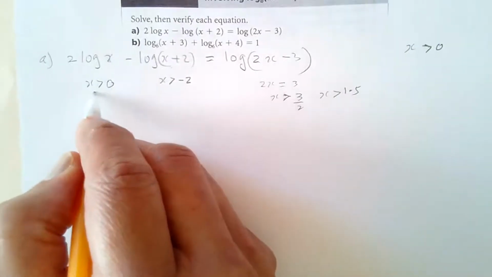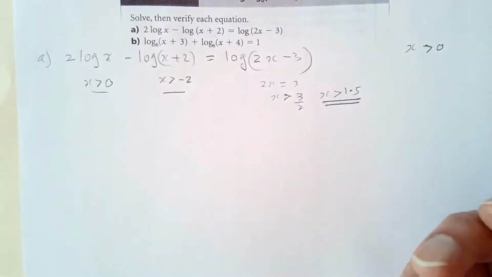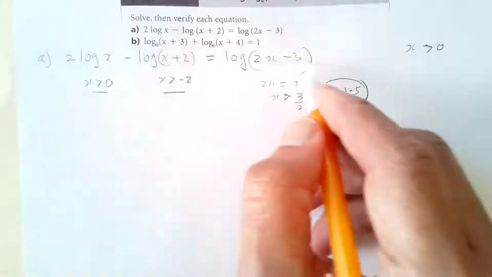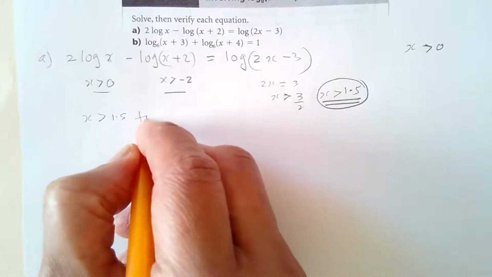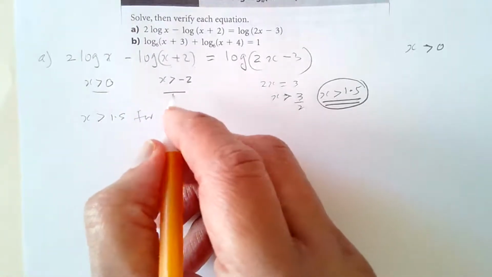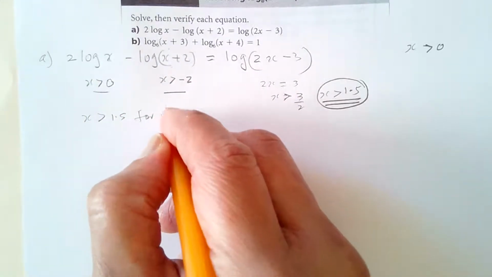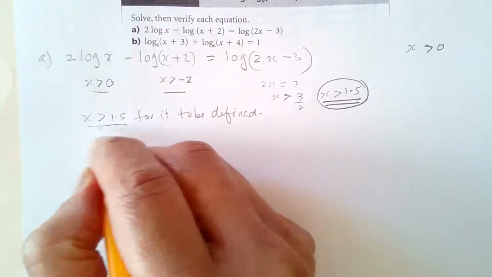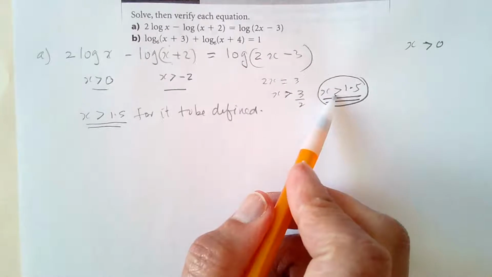So x cannot be less than 1.5. In other words, x has to be greater than 1.5 for the expression to be defined.